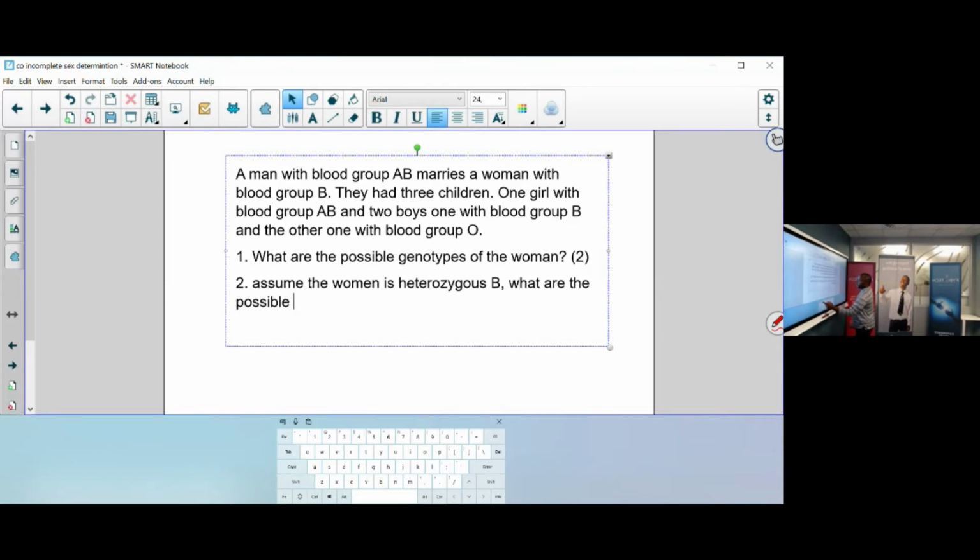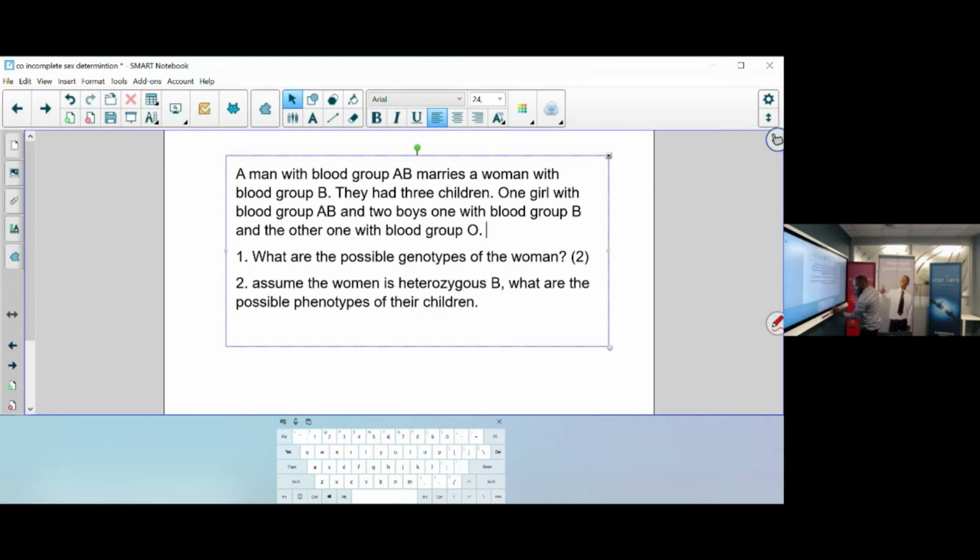What are the possible phenotypes of their children? Oh, there's one thing I forgot to mention.